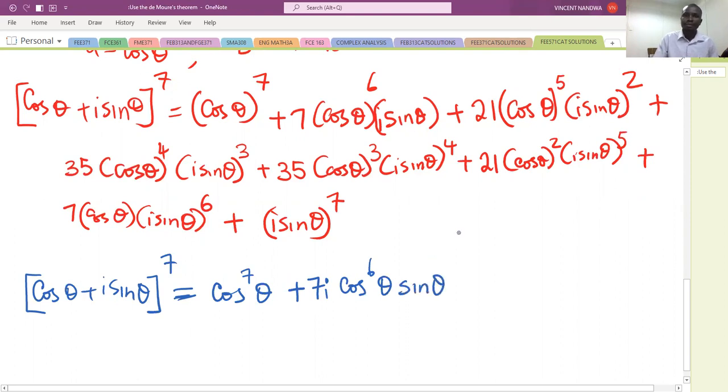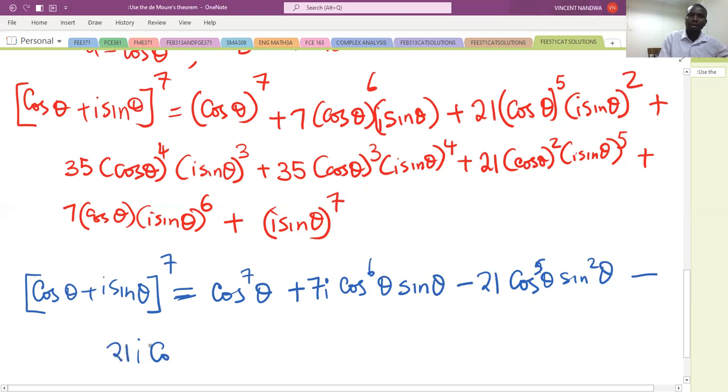Next, here we have I sine theta squared, so I squared is -1, so we'll have negative 21 cos power 5 theta sine squared theta, because the square affects both I and sine. And then here, I power 3 is the same as negative I, so we'll have negative I times negative, so positive 21 I cos power 5 theta sine squared theta.